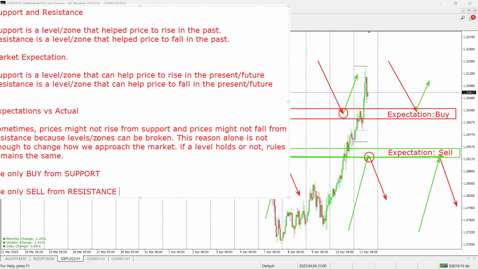Listen to this. You cannot in any way not take a trade because you feel like a level of support might be broken or a level of resistance might be broken. The truth is, until a break happens, you don't know.